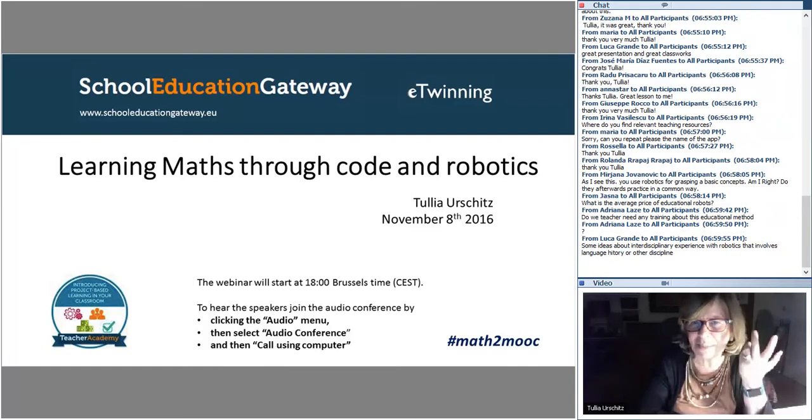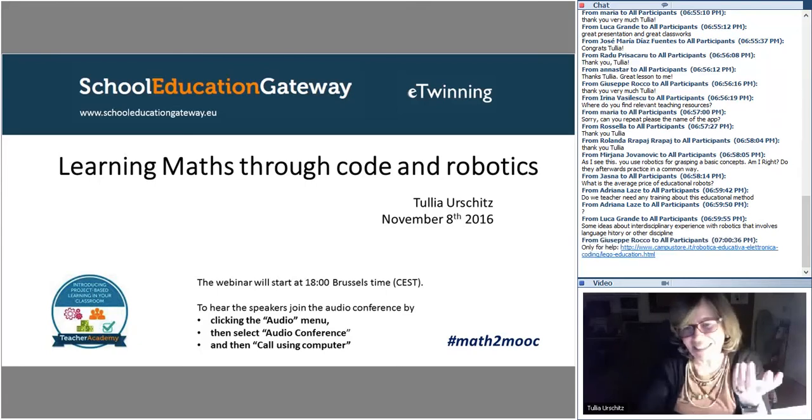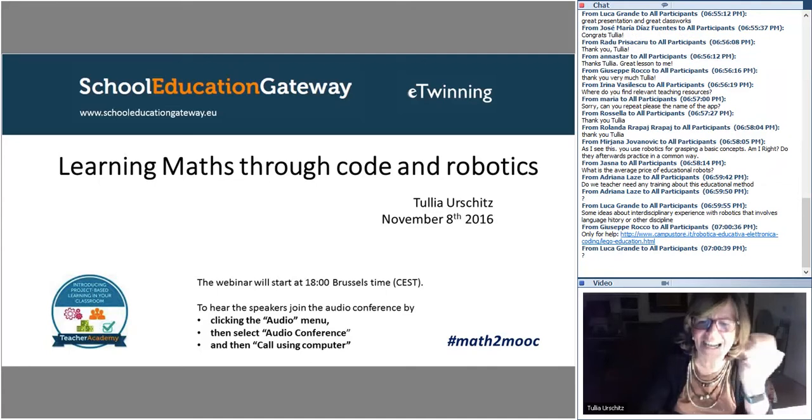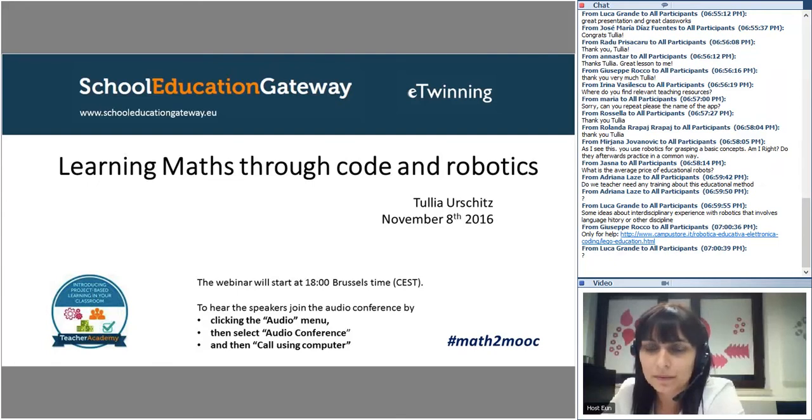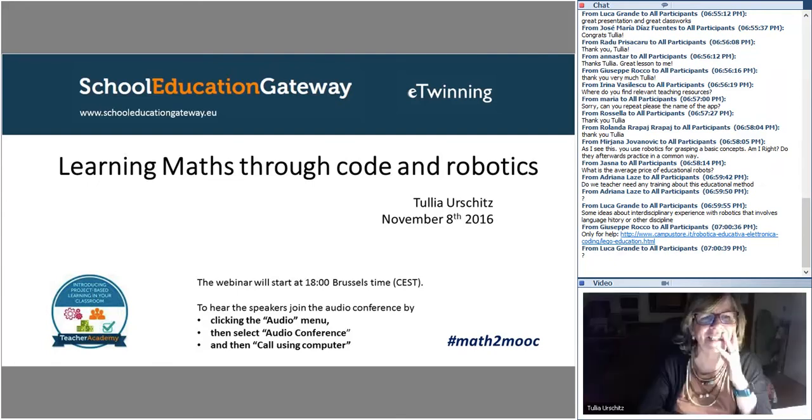Of course, it's not the best solution, because in the constructivist approach, you need one robot for each 2 or 3 students. You can arrive at 4 students. But if you have just one, it's better than nothing. So you can start with one, and then join another one, and then add some more. Definitely, you can also be very good with creative robotics. So you add the creativity.